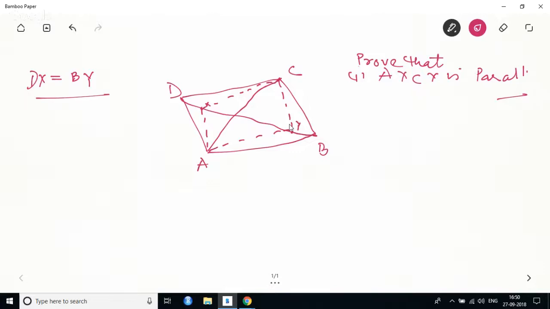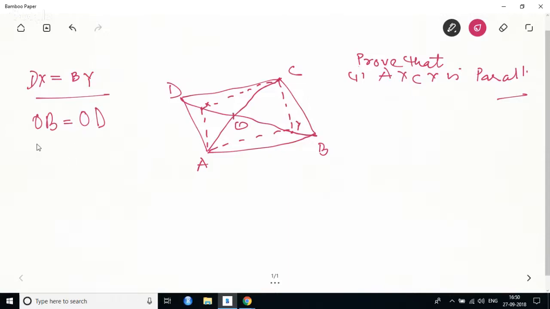So in proof one, suppose this is point O. Now, if ABCD is a parallelogram, I know that OB is equal to OD. How? Because the diagonals of a parallelogram bisect each other.